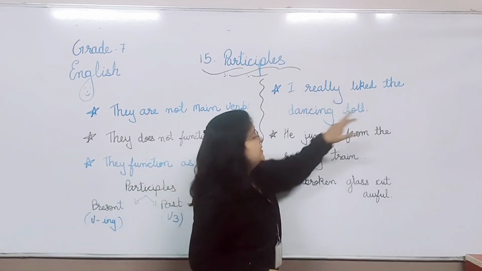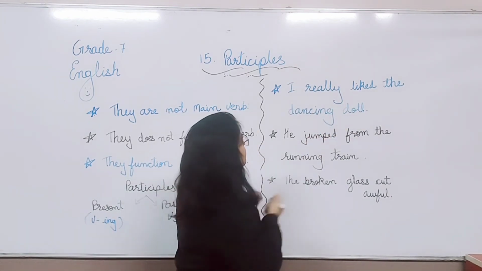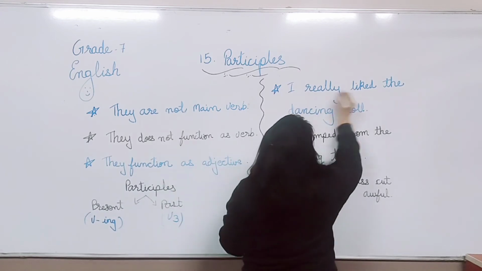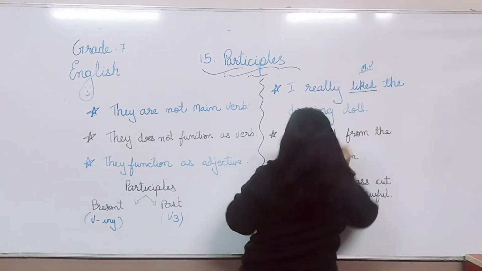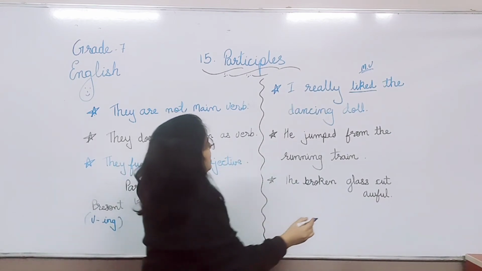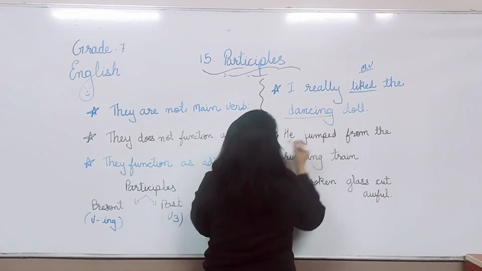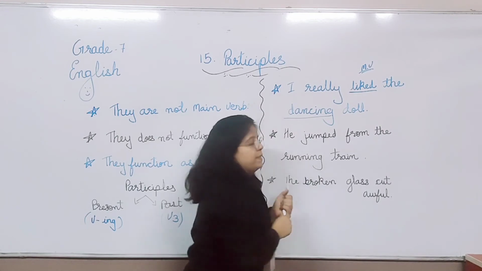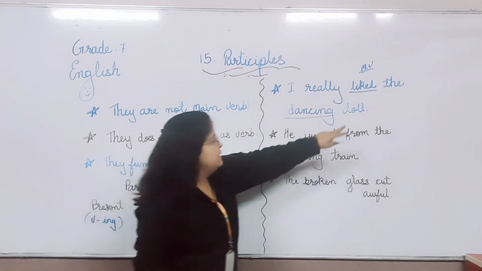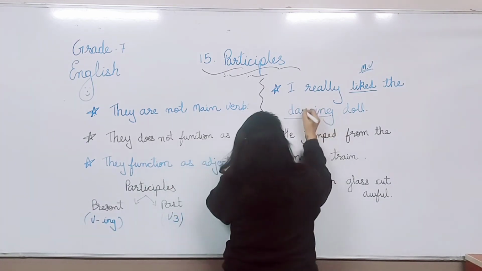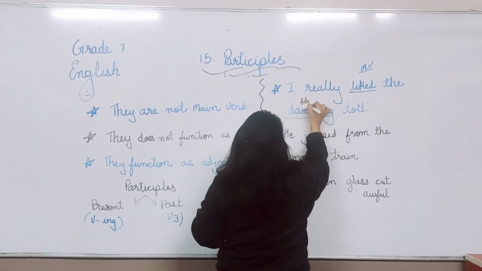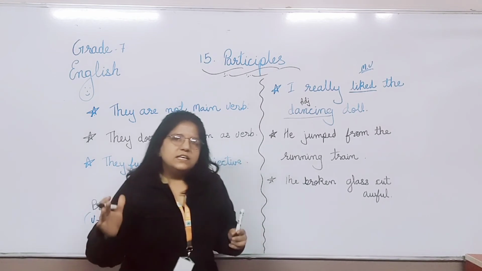I really like the dancing doll. Now here in this sentence, like is a main verb, right? And dancing here is a participle because it is describing the doll. Means it is a verb but it functions as an adjective in the sentence.